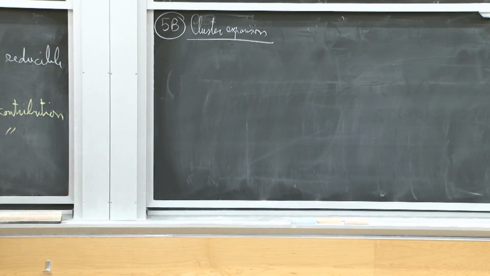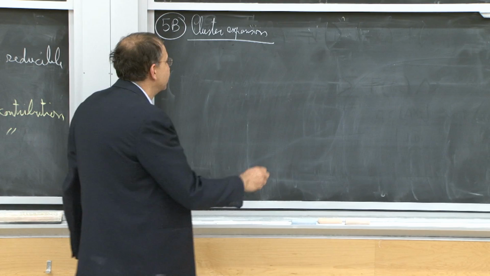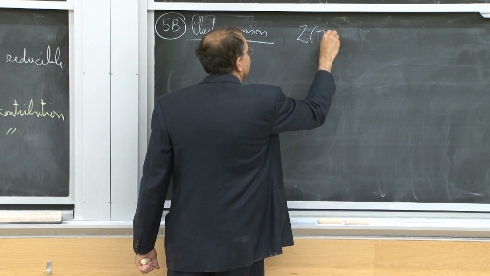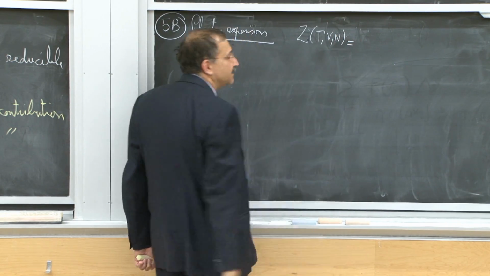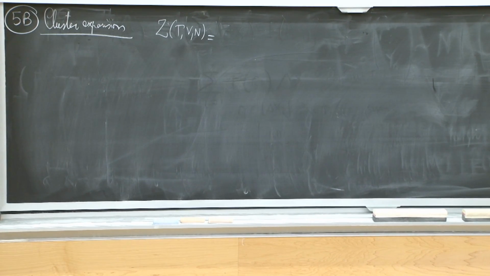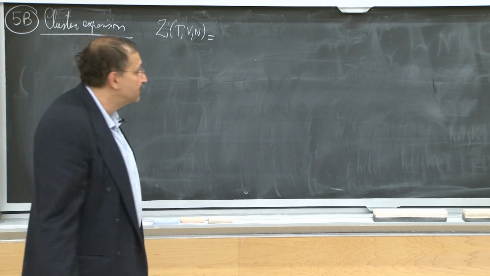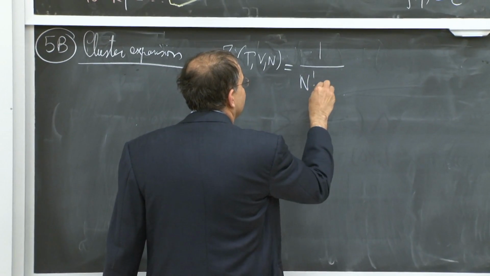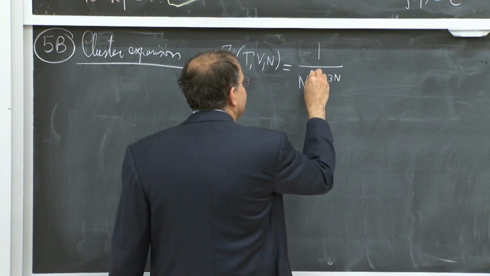So once more, what we want to calculate is the partition function. Depends on temperature, volume, number of particles, obtained by integrating over all degrees of freedom. The integration over momenta we saw is very simple. Ultimately will give us this n factorial lambda to the 3n.